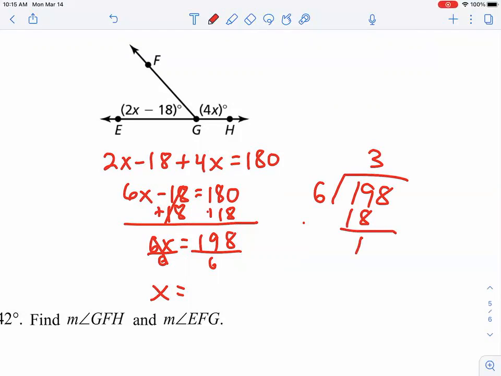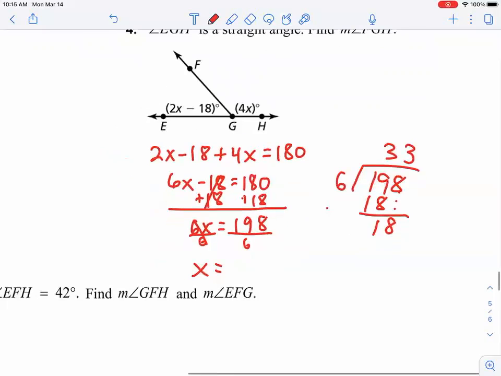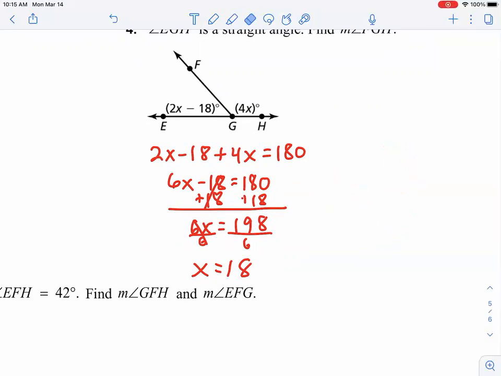Subtract those, bring down the 8, and 6 times 3 would be 18. So it would be exactly 18. Okay? Yeah, just check your numbers there, Evelyn.